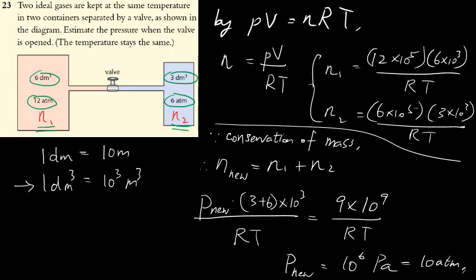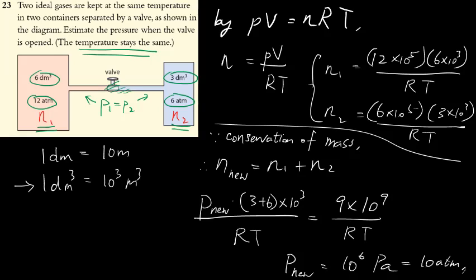And what they do is the question would say the valve will be opened and the temperature stays the same, and guess what, after you open the valve, the pressure on each side must be the same. It's basically one space already, so the pressure must be the same.